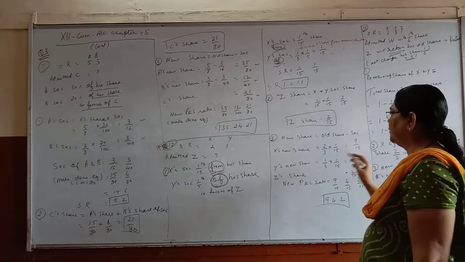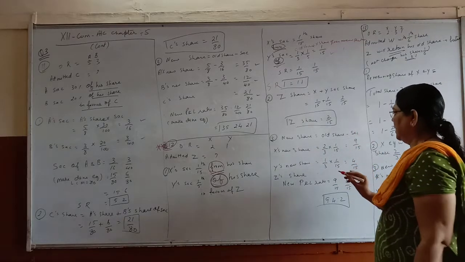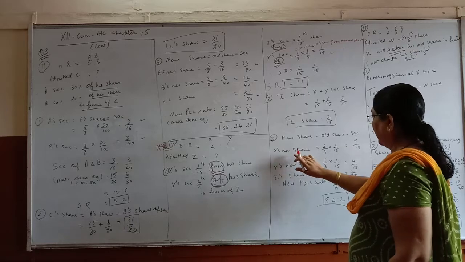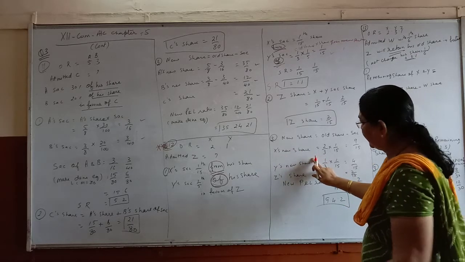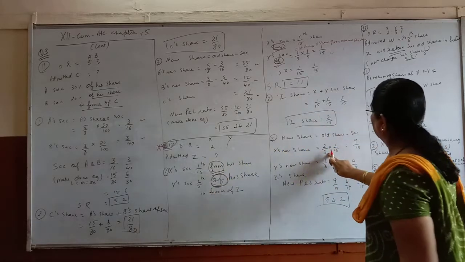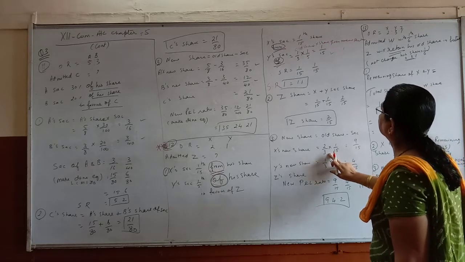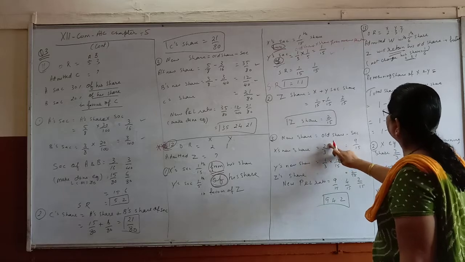Third point also, you know, new share equal to old share minus sacrifice. So here children, X new share is how much? Old share. What was his old share here? 2 upon 3, minus 1 upon 15. 1 upon 15 was his sacrifice.